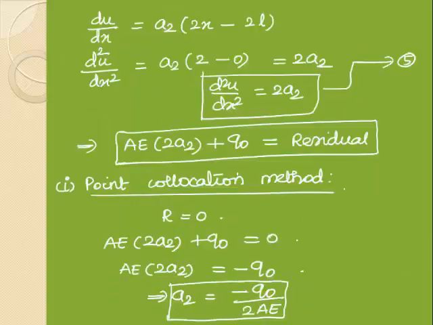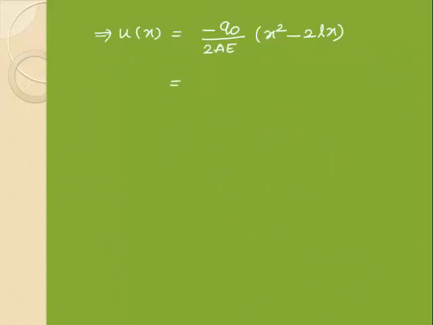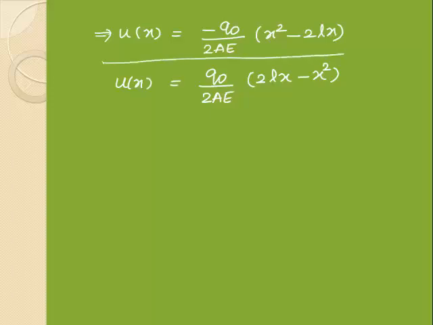So u of x is equal to minus q naught divided by 2ae into x squared minus 2lx. Or simply we can write it as q naught by 2ae into 2lx minus x square. This is the required expression for the deformation in the given cantilever bar subjected to axial load.